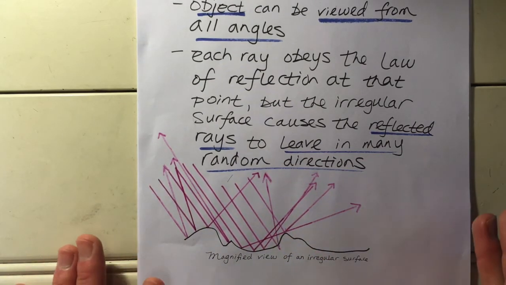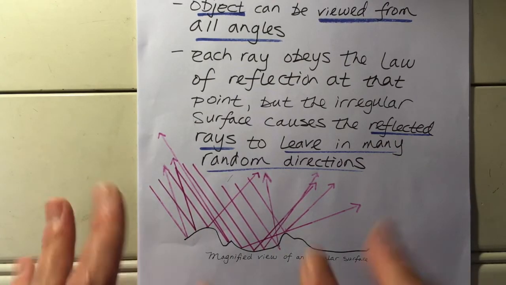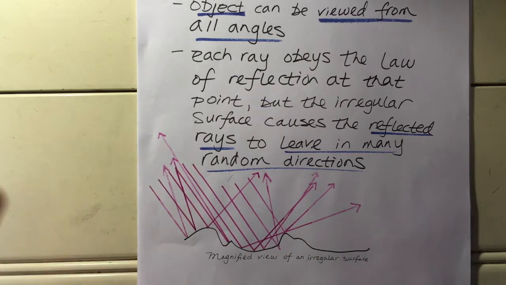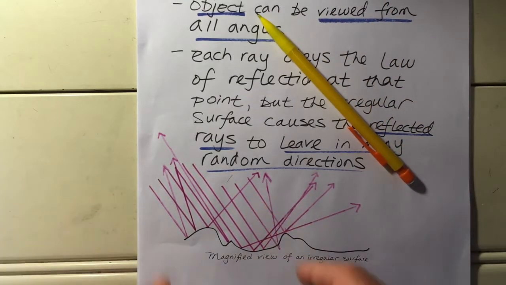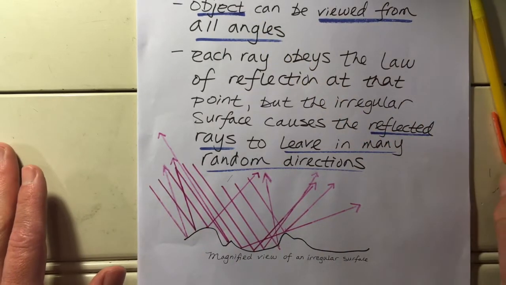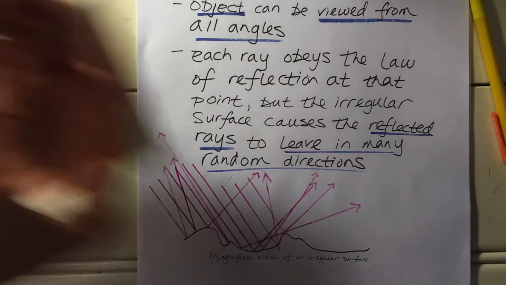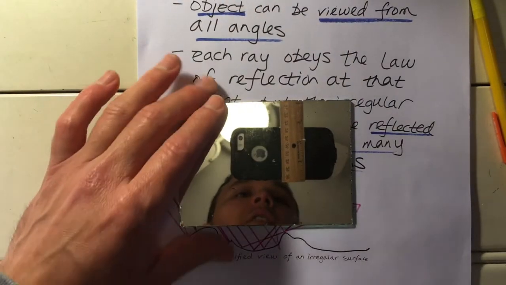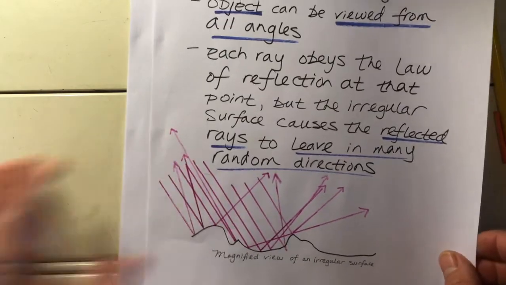Theta I and theta R are always relative to the normal, and so you end up with this scattering effect, and you don't get all the light being reflected perfectly like you do in specular reflection, where you have a surface like this and it's reflecting the light perfectly. All right. Okay, very good. Let's go ahead and move on.